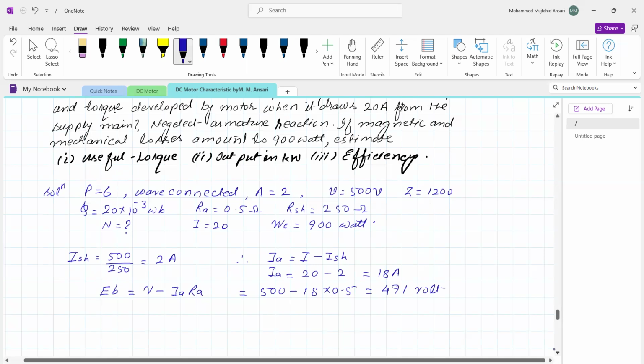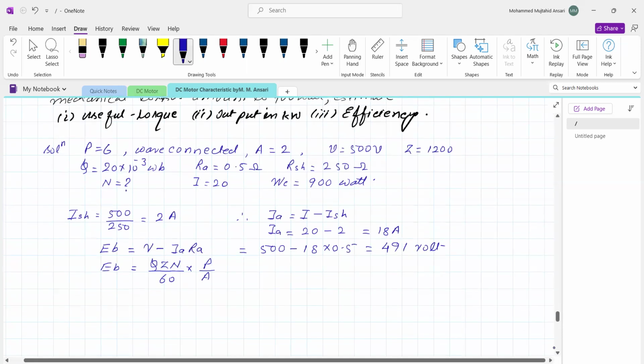Now we know the formula of back EMF: Eb is equal to phi Z N upon 60 into P by A. So everything is given and already we have calculated the back EMF.